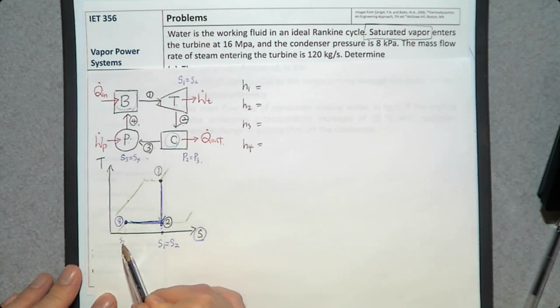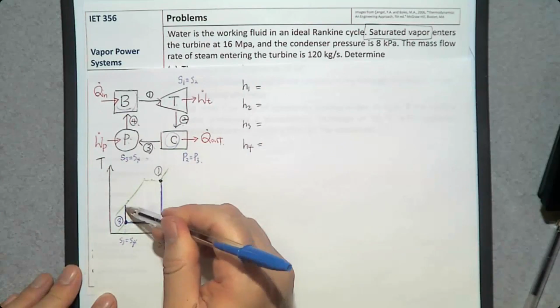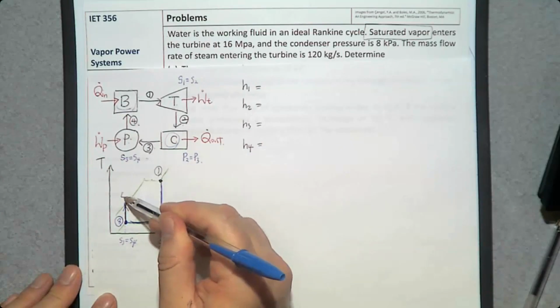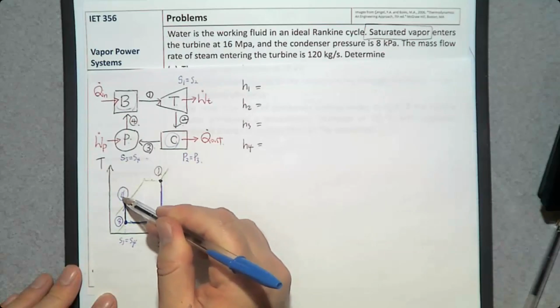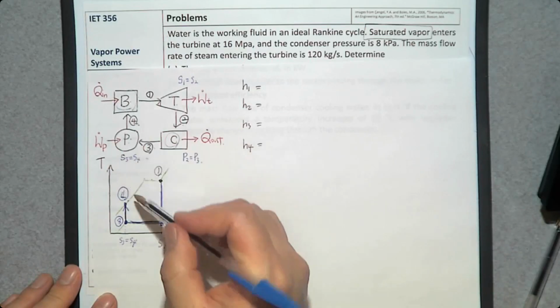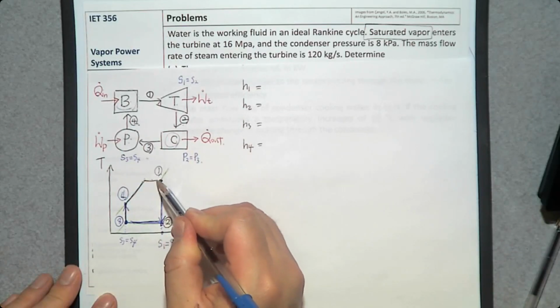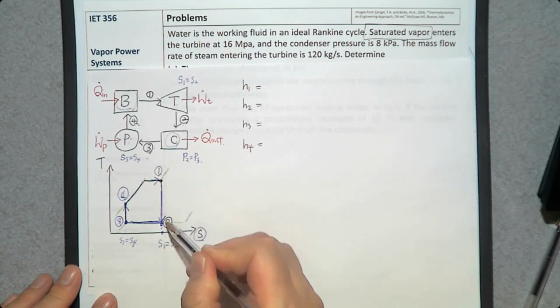So S3 should be the same as S4. So we have a vertical line going upward. So there's a number 4, compressed liquid. What happens to this number 4? Number 4 enters the boiler, receiving heat at constant pressure, following this green. So this is what happens.